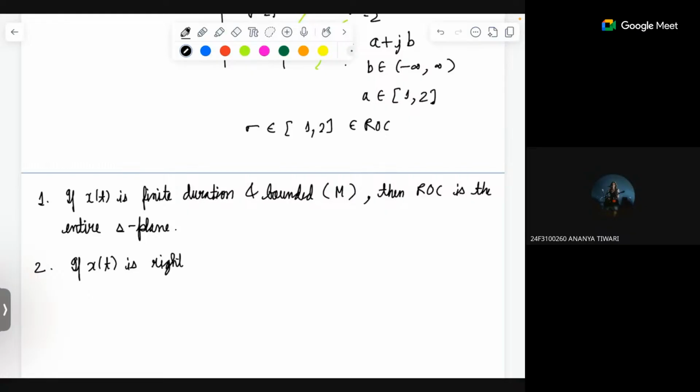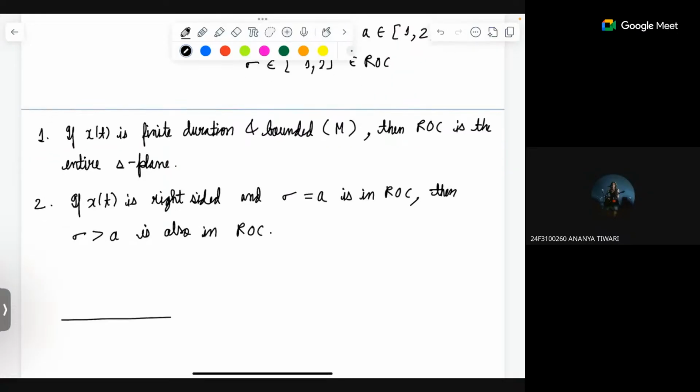If x(t) is right-sided, and let us say sigma equal to A is in ROC, then sigma greater than A will also be there in ROC. So I will draw and show you what I mean. So suppose this is my x(t). Right sided means it exists in the right side. So it is something like this.